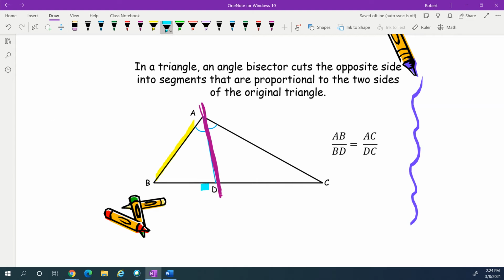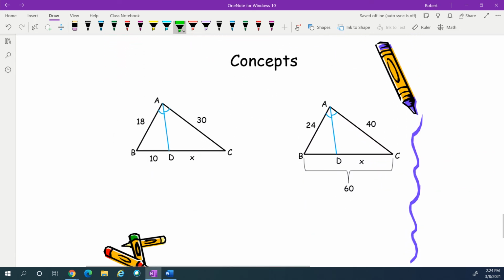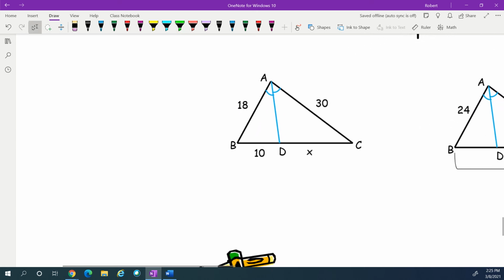So AB and BD, the left side of the triangle, is proportional to the right side of the triangle, AC and DC. An angle bisector cuts the triangle so that the two segments on the left are proportional to the two segments on the right. It almost sets itself up.